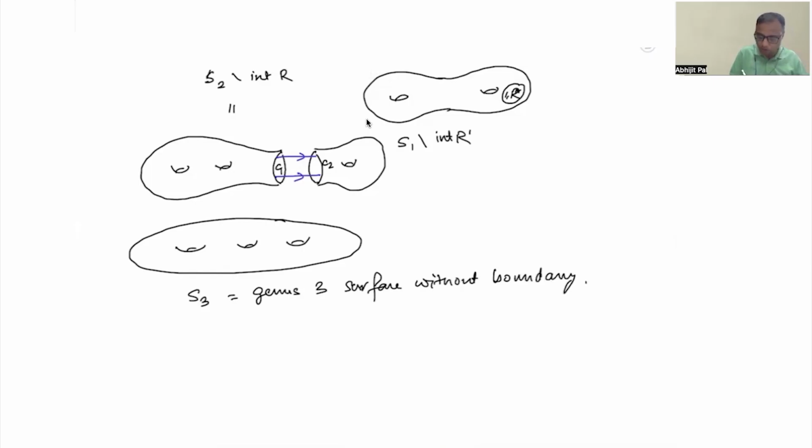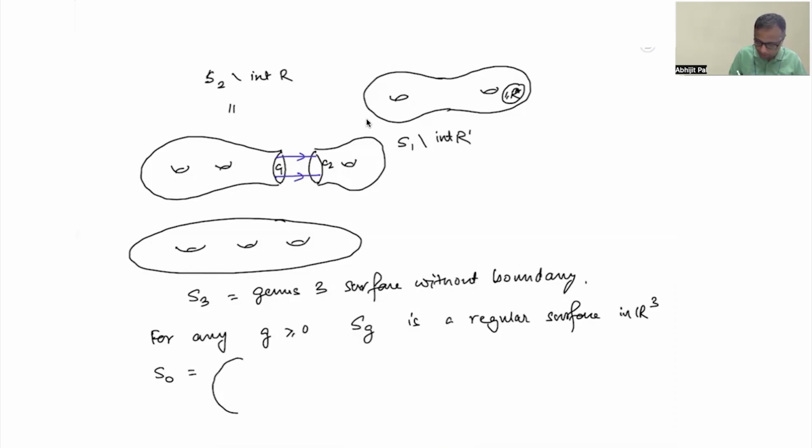So for any g greater than or equal to 0, Sg is a regular surface in R3. What is S0? S0 is the sphere. S1 is just the torus.